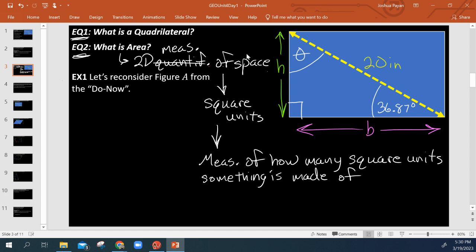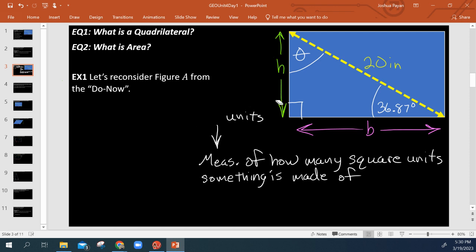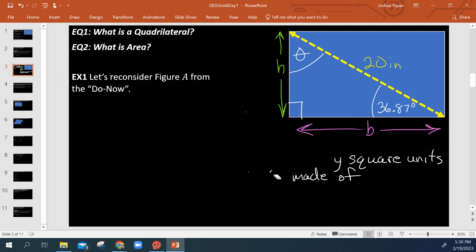Okay, and to illustrate this further, we have an example here, and you'll see this example in the do now, or you have seen it in the do now, unless you were absent or something, which is why you're watching this.